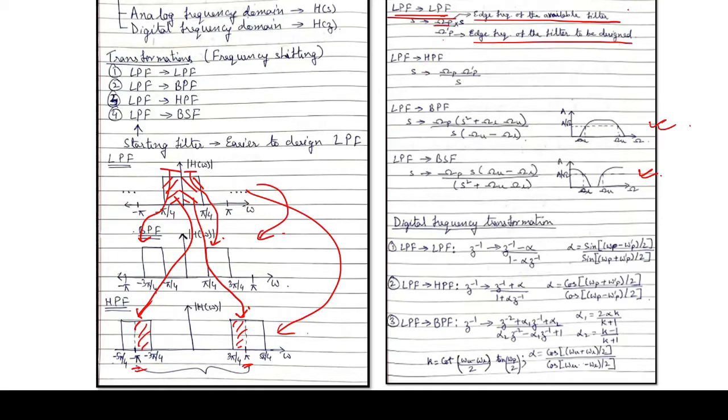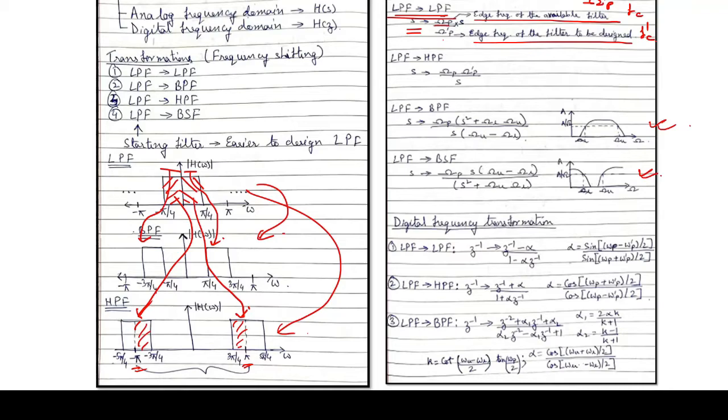Basically, the previous one is fc, the cutoff frequency of the original filter, and the next one is f dash c, the cutoff frequency of the filter to be designed. So your s would be replaced by omega p by omega dash p multiplied by s. This is as simple as that.